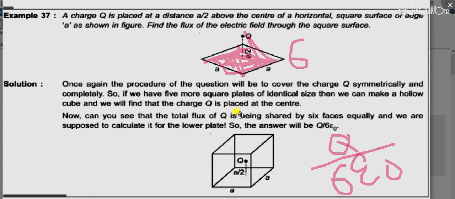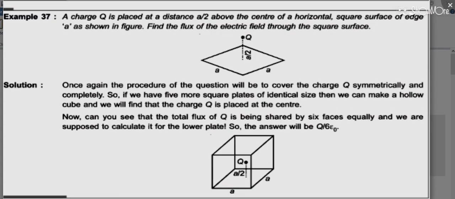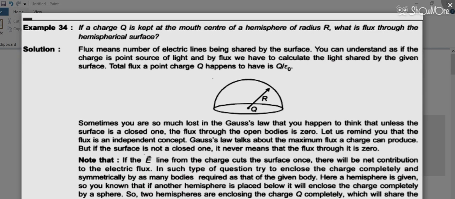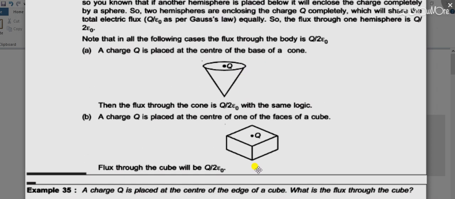So you can read the theory part, same concept, same theory will be written here. And if you find this video useful, you can share it with your friends. In this video I first discussed question number 34 and some questions similar to 34.